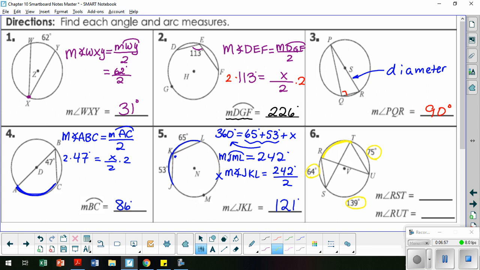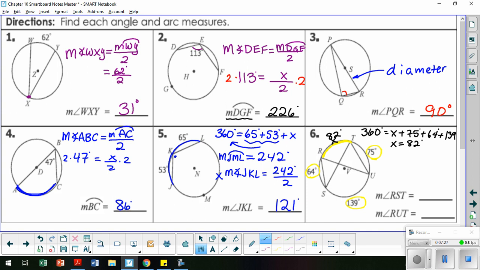Well, if you add all those up together and then subtract from 360, we'll do this really quickly. 360 equals, we'll make that x, x plus 75 plus 64 plus 139. We end up getting 82, so x equals 82.